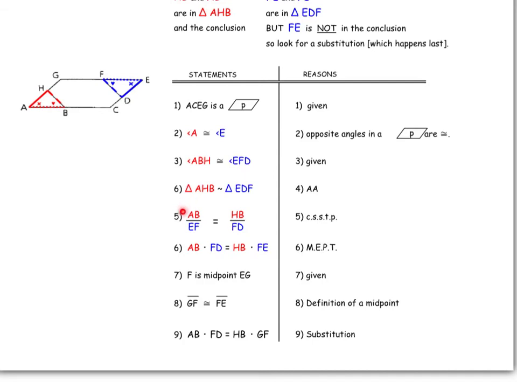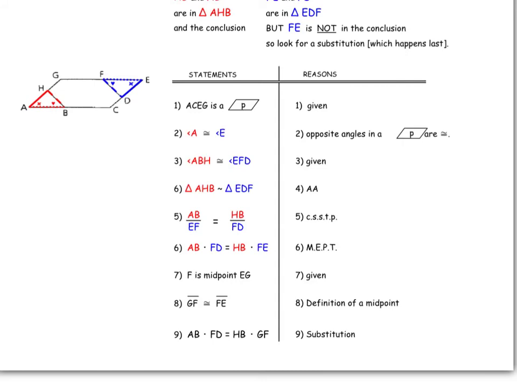Anything that multiplied AB and FD together, anything that multiplied EF and HB together would have been true. So why did I pick this particular order? Because I was copying. And I gave as my reason MEPT.